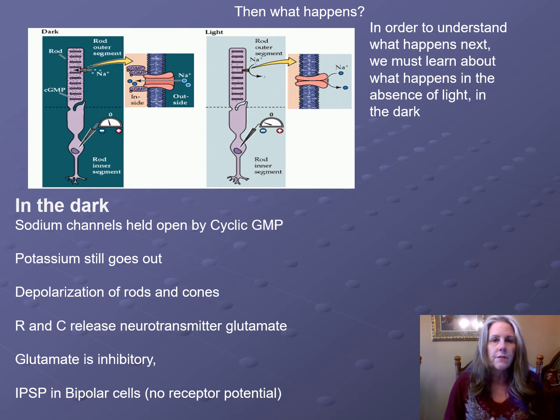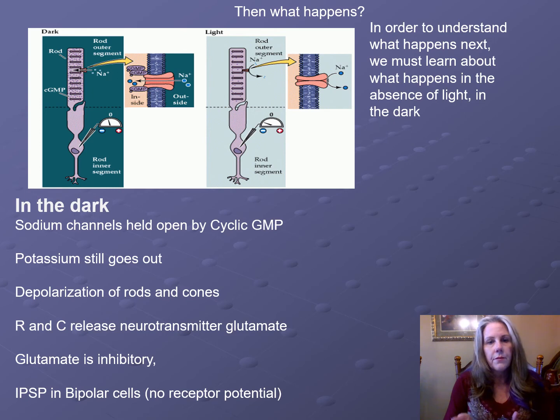Now, as a result of this depolarization event, the rods and cones, the photoreceptors, are going to release a neurotransmitter known as glutamate. That might be the first time you hear that word, glutamate. Glutamate works in the synapse between the photoreceptor and the bipolar cell.